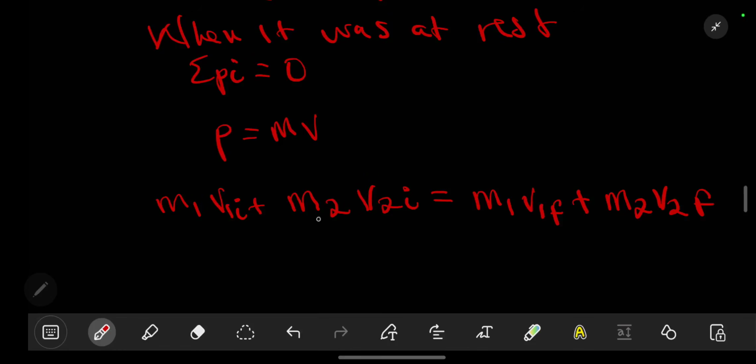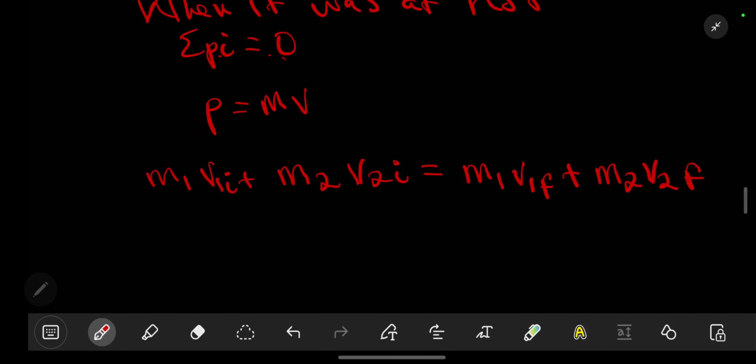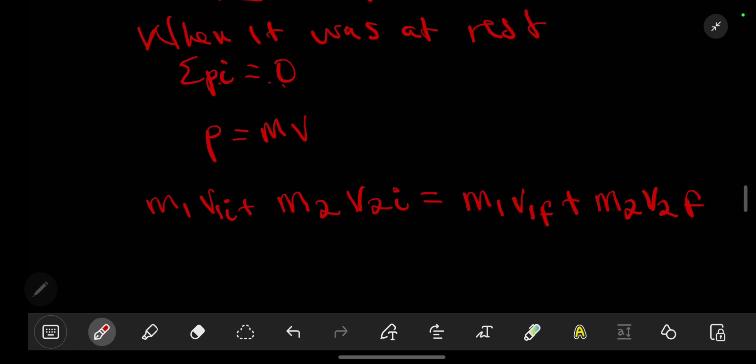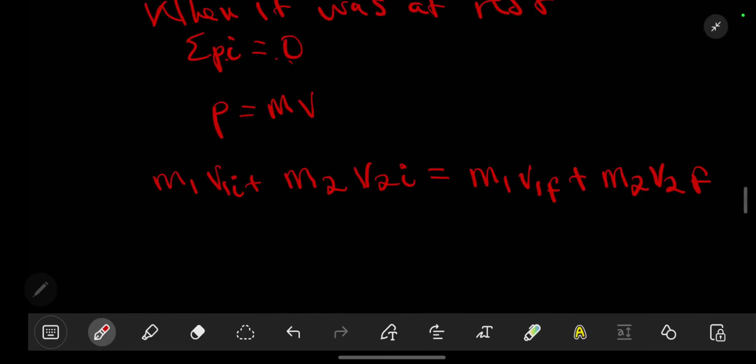The initial velocity is 0 here and the initial velocity is 0 here. That's why when we say summation of initial momentum, we say 0, but we can still calculate it by using the mass of the cannon first.